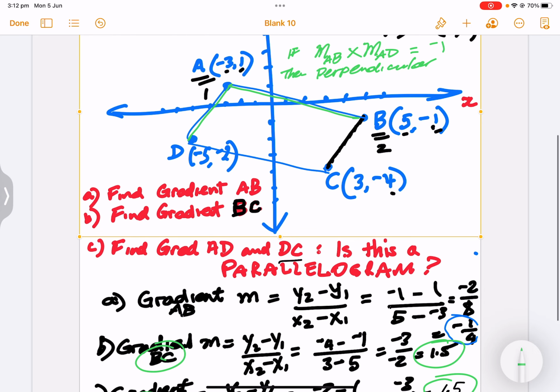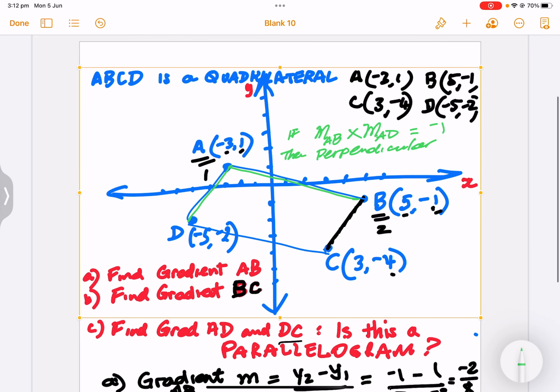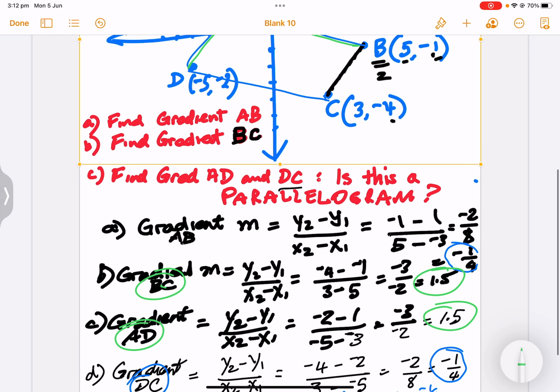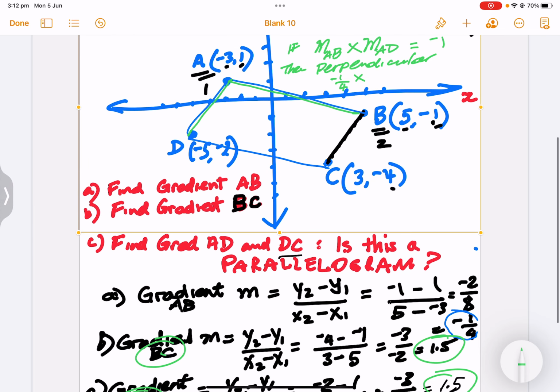Here, AB is -1/4, and AD is 3/2, or 1.5. I'll just leave it as 3/2. And you do get a negative, but you get -3/8, therefore not perpendicular.